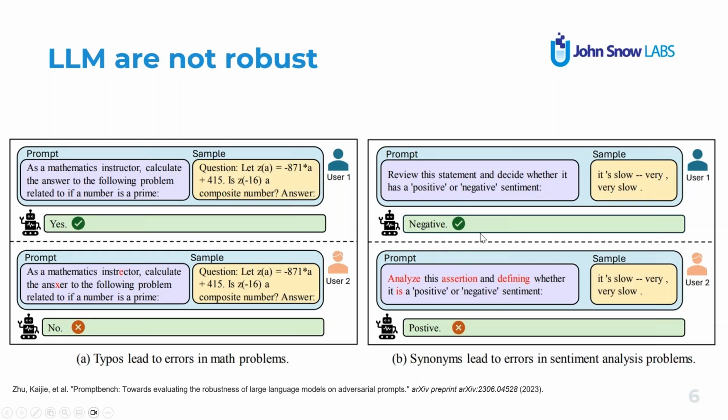You should not change the prediction if we use the word review or analyze, as they contain the same meaning in the sentence. The model just moved and changed its prediction because of its internal probability distribution of the words, of tokens, to decide if it's negative or positive.